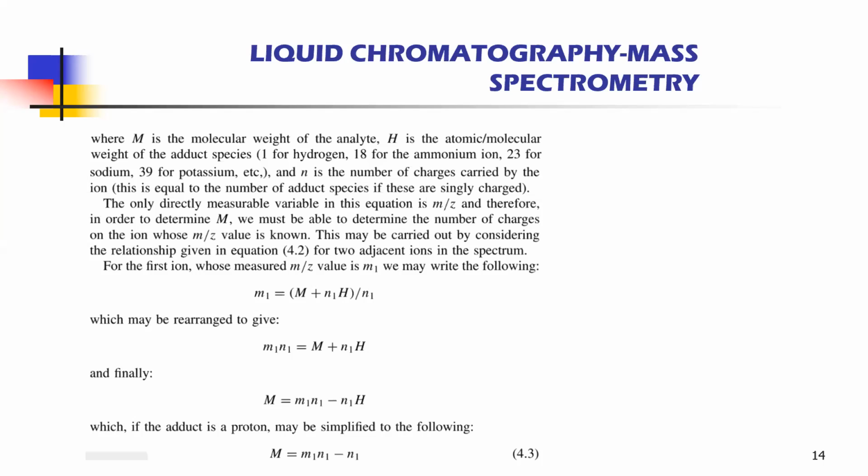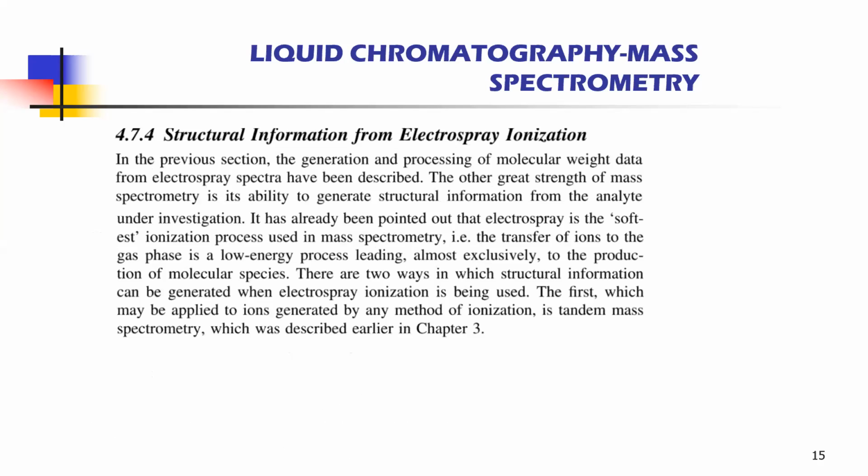That gives us the actual molecular weight of the analyte. If the adduct is a proton, it will be M1 N1 minus N1, because you can write the subtracted magnitude of the proton as 1. This is how we calculate the molecular weight of the analyte from the electrospray spectrum.